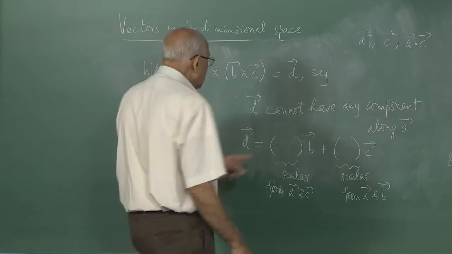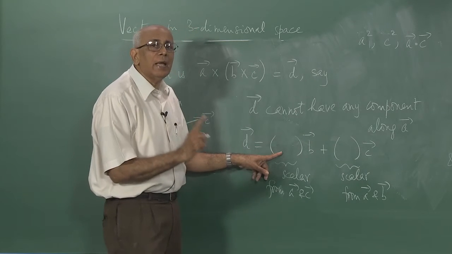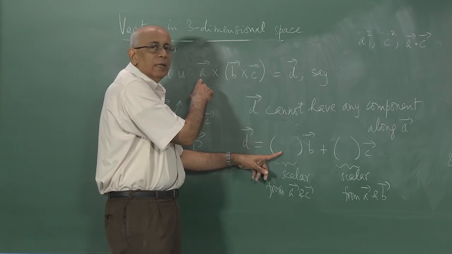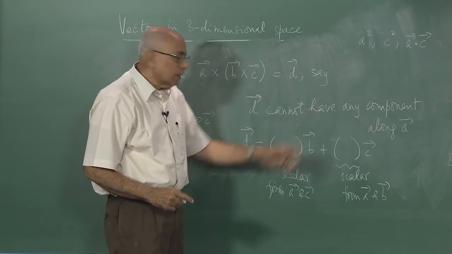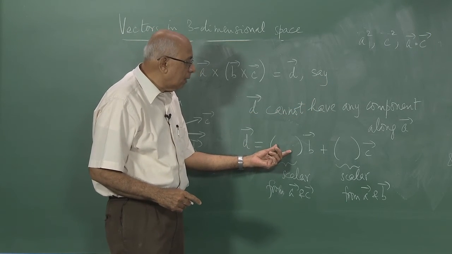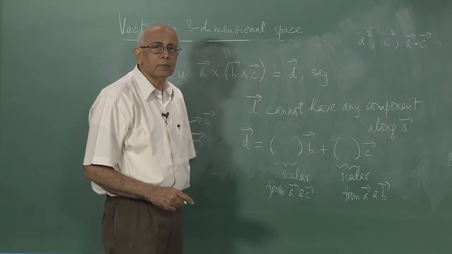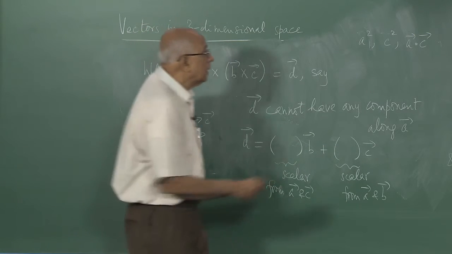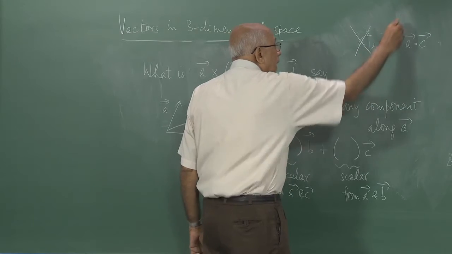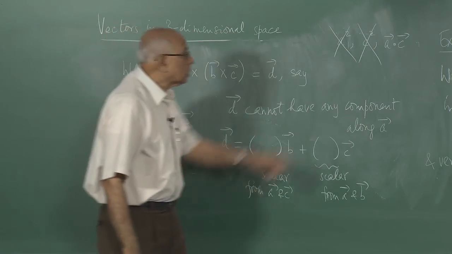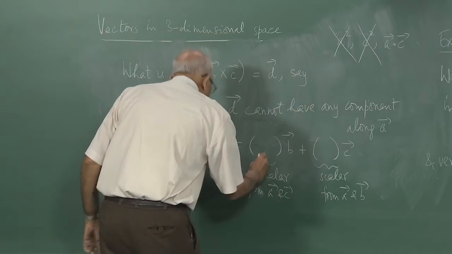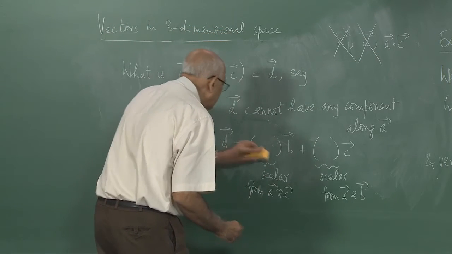But this quantity must be linear in A. If I multiply this left hand side, if I multiply A by 6, the answer must multiply by 6, and that only happens if it is linear in A here and linear in A here completely. Therefore, this is ruled out, that is ruled out, no nonlinear terms allowed. It has got to be A dot C, so this must be A dot C.